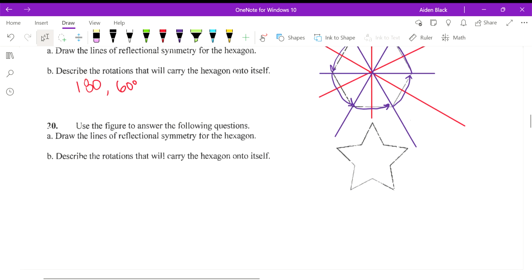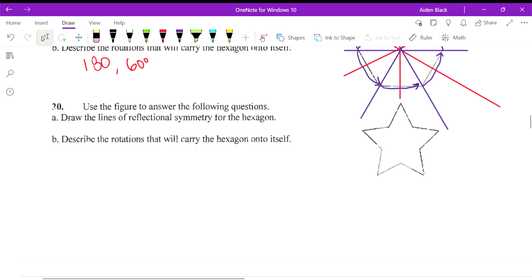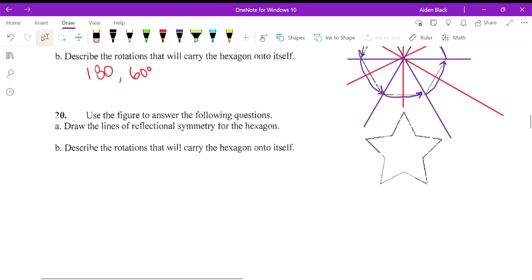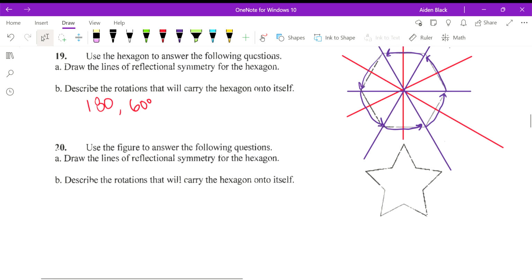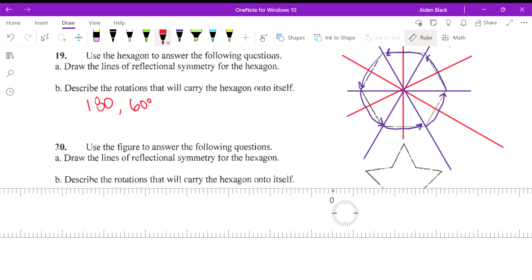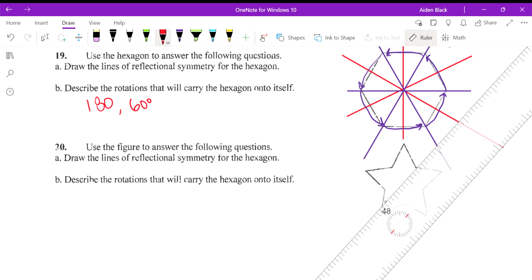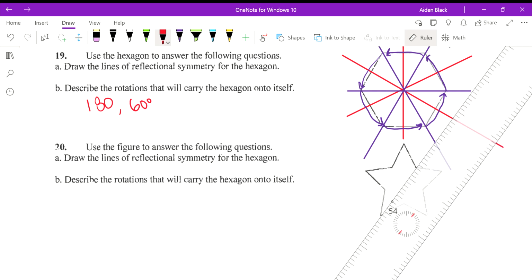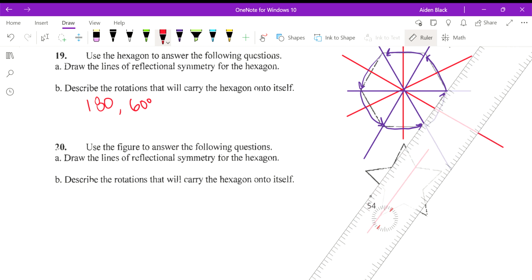Draw the lines of reflection symmetry for the, it says hexagon. I think it's referring to this star. So I think we have fewer. We can't go like this, that won't work. That's not a line of symmetry. We can though cut it here.